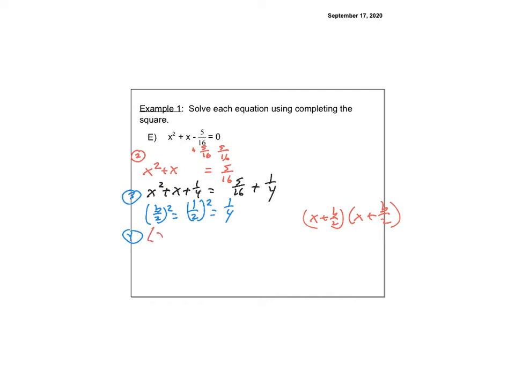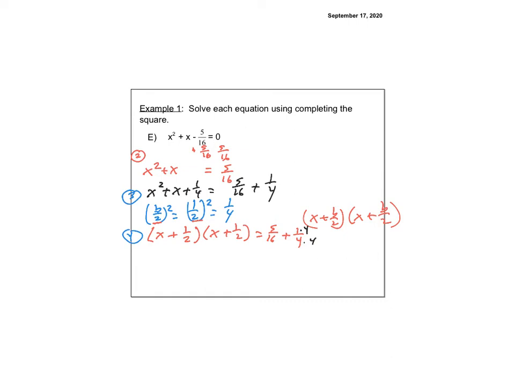So remember this was our b divided by 2. It's 1/2. So it's x plus 1/2 and x plus 1/2. And it's 5/16 plus 1/4. So we're going to have to get a common denominator to simplify this right-hand side here.